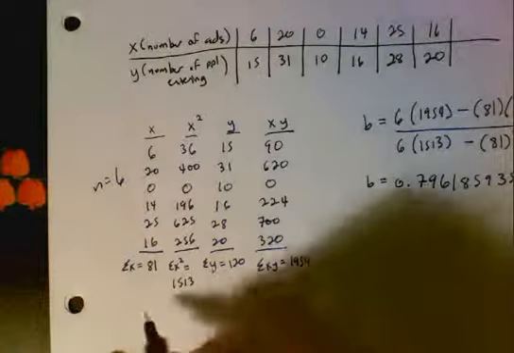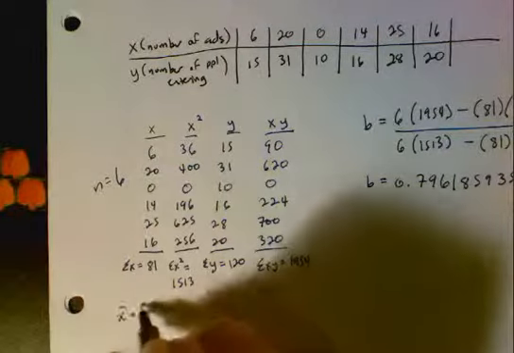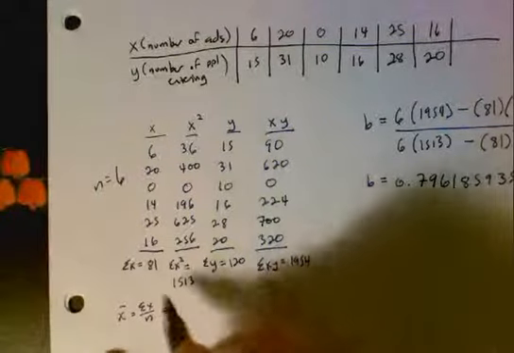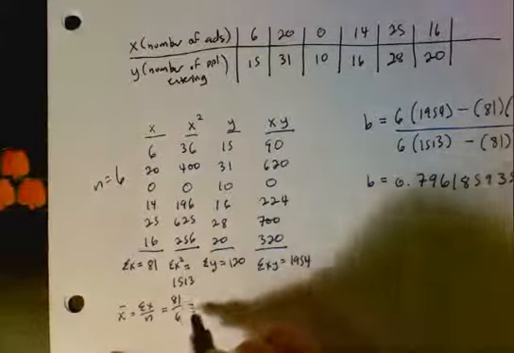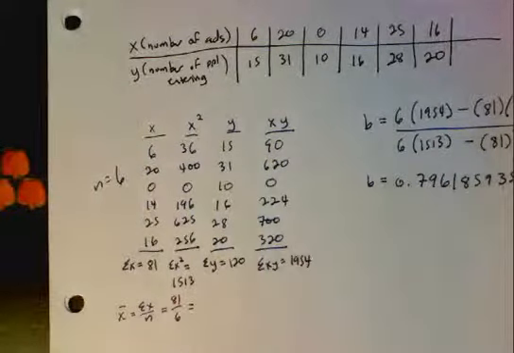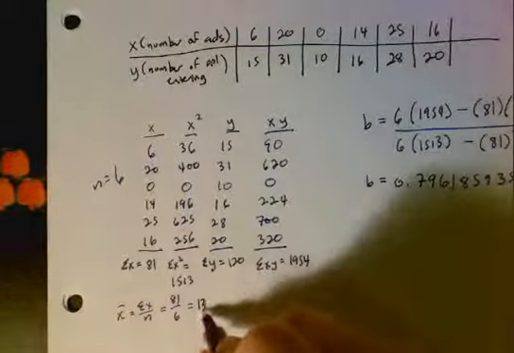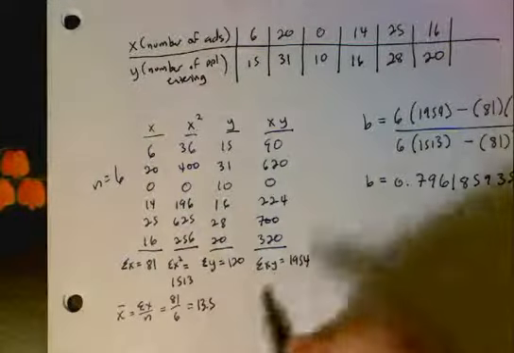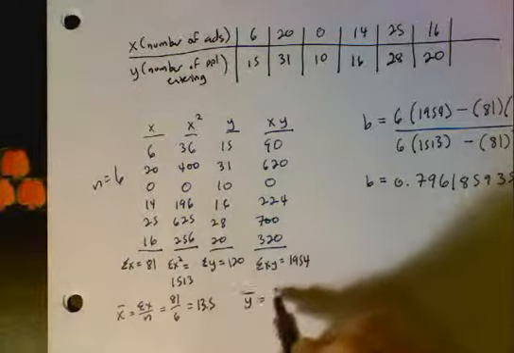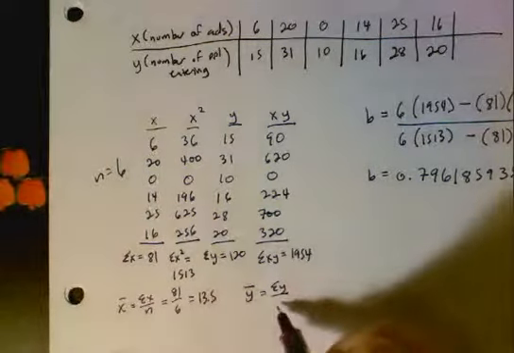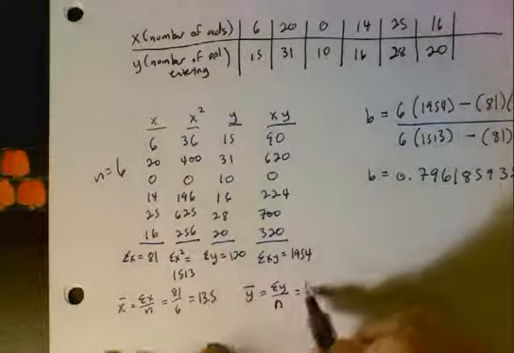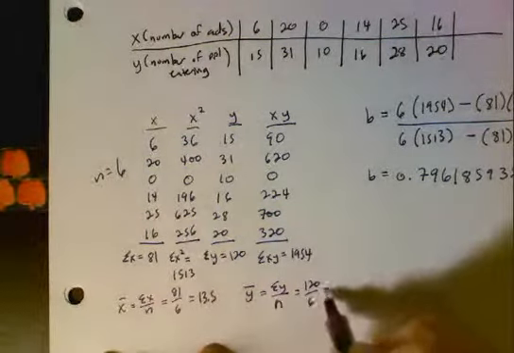So notice that for a we need y bar and x bar. So x bar is sum of x over n, so that's 81 over 6, or 13.5. Y bar is sum of y over n, so that's 120 divided by 6.